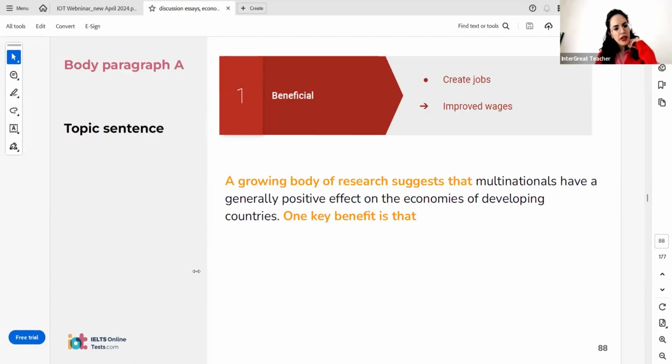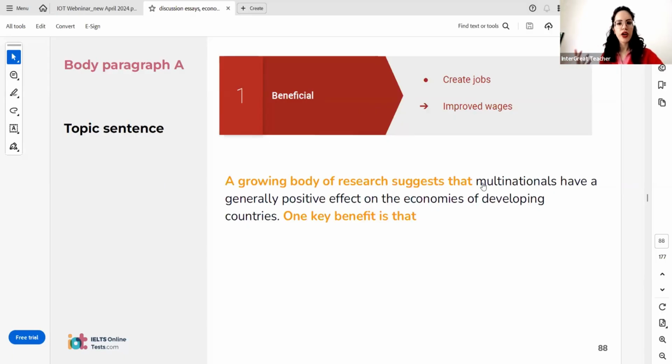About the although part, I said that when we start the sentence with although, we don't need but in the middle. That's a very common mistake among students. Although already means but, so you don't need but in the middle. Okay, let's move on. So, a growing body of research suggests that multinationals have a generally positive effect on the economies of developing countries. My topic sentence.